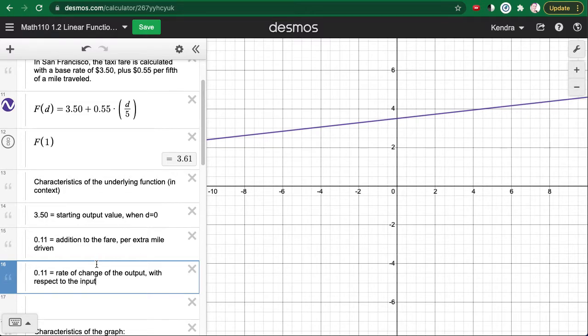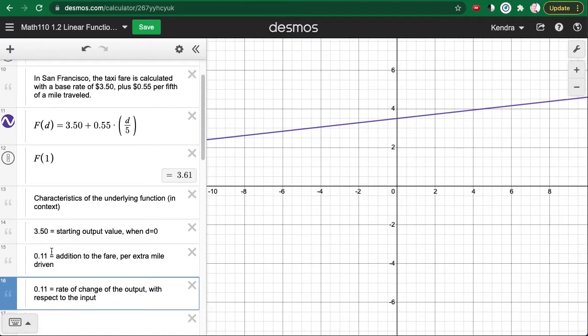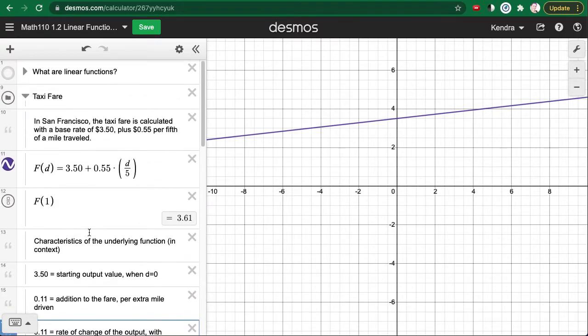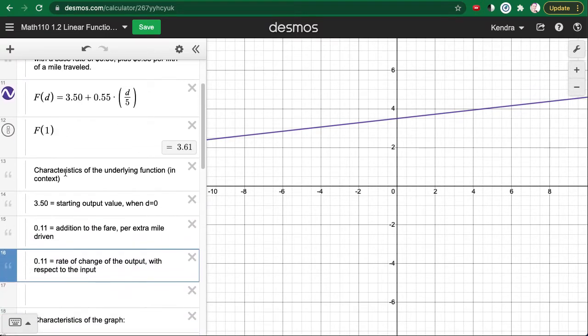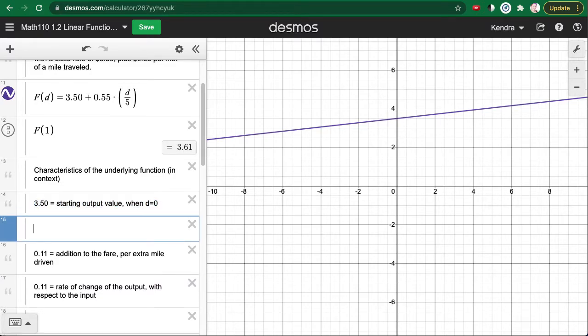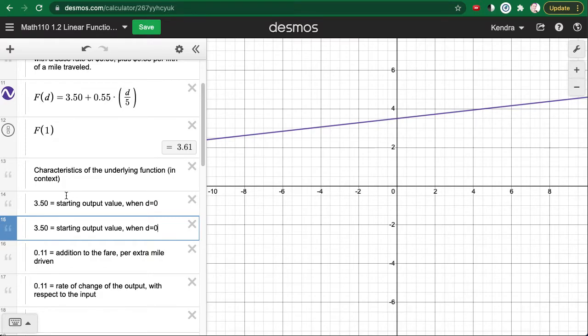Okay, so this is putting those two numbers, $3.50 and 11 cents, into the context of what it means in terms of how the function is operating, and not just characteristics of the graph. Okay, so I want to hold on to that. We have this sort of starting output value, and let me actually put this in a slightly different light.